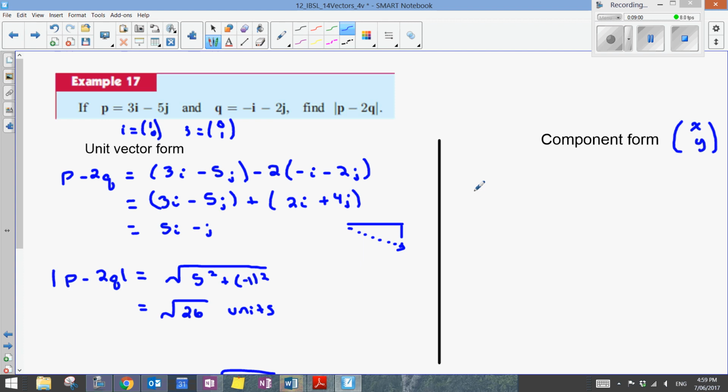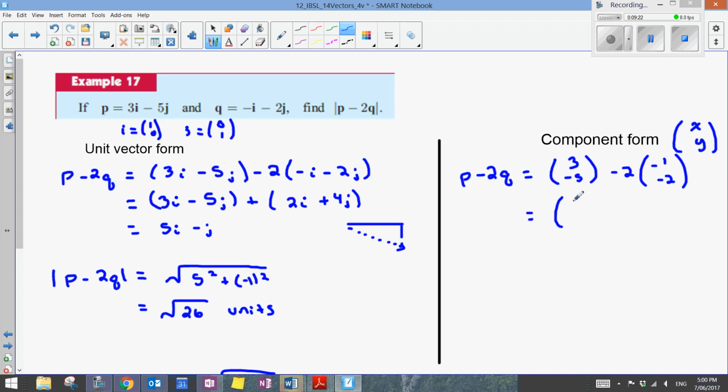I can do the same thing in component form. For component form, we'll take p minus 2q again, but this time we'll write our p as 3, -5, minus 2 times our q, which is -1, -2.